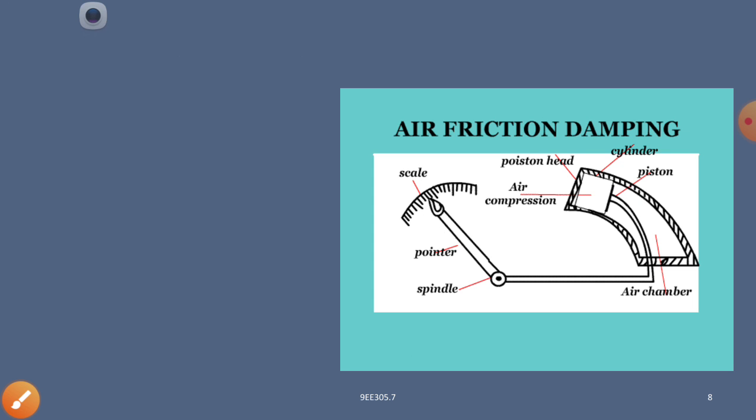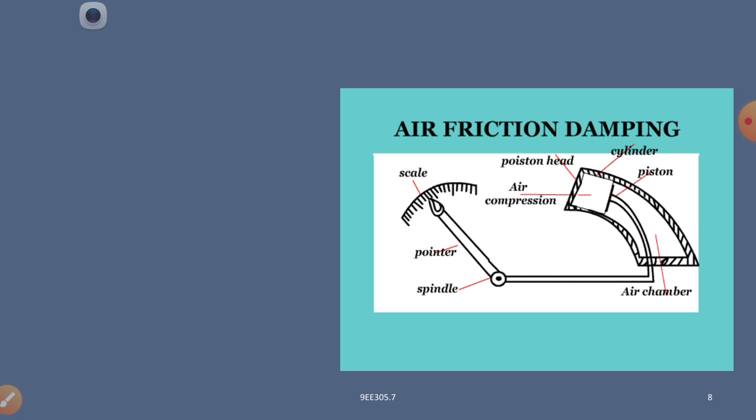Now, you can see how the oscillations take place on a scale. During the oscillations, the piston is trying to move in the chamber. So here the air compresses in one direction, and suction is created in the other direction.